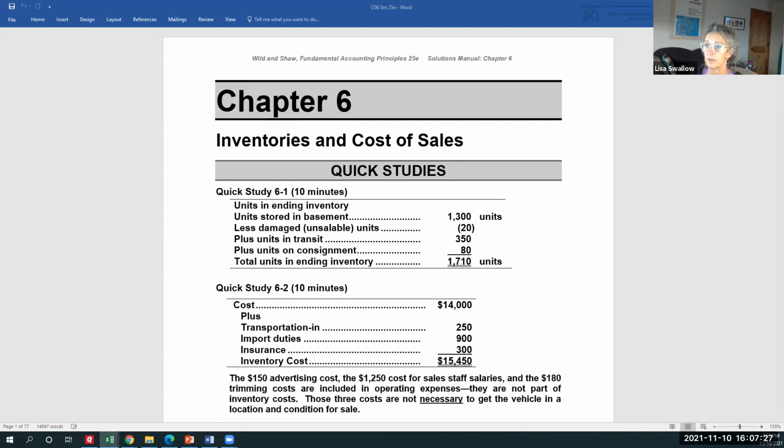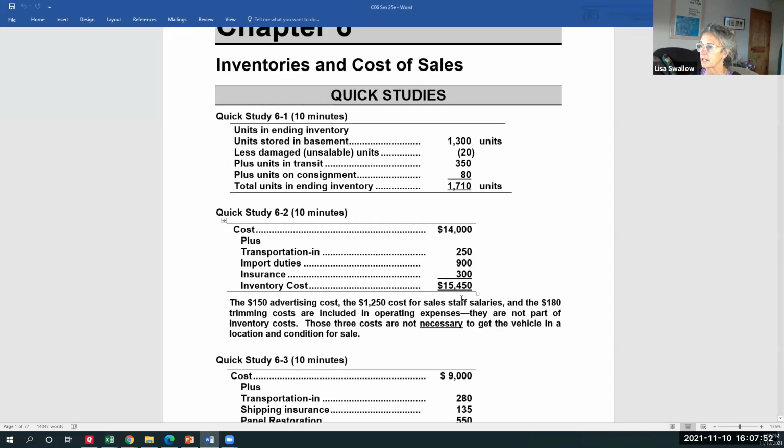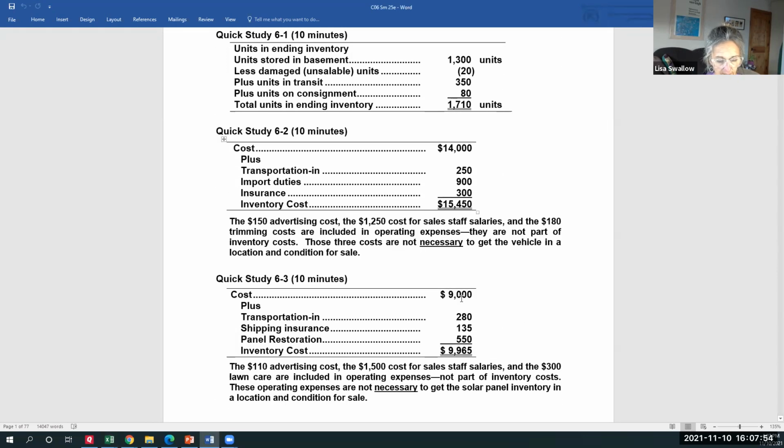So it's the freight costs coming in, the duties cost, and insuring it while it comes across. The other three things, advertising, sales staff salaries, and trimming the shrubs, maybe on the car lot, are not included in the inventory, but these three costs were necessary. That was a piece of bringing it over, and that's included in your inventory.